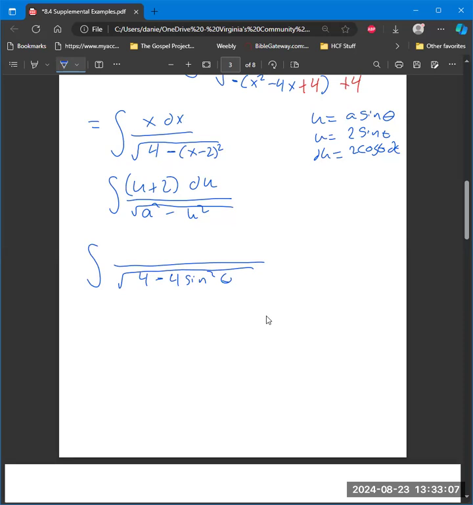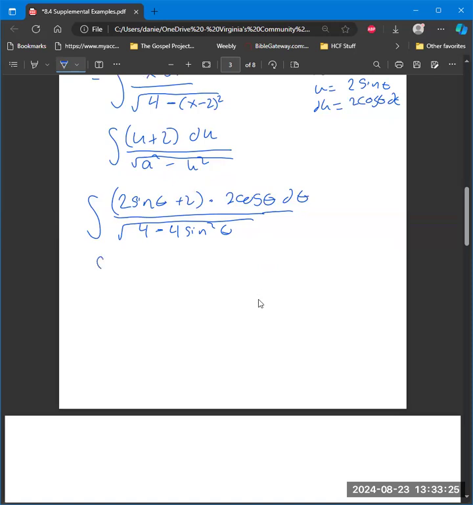And then I have 2 sine of theta plus 2 times 2 cosine of theta d theta here to change everything into thetas. And that gives me 2 factors out, as 2 times 2 is 4. Sine of theta plus 1 cosine of theta d theta.